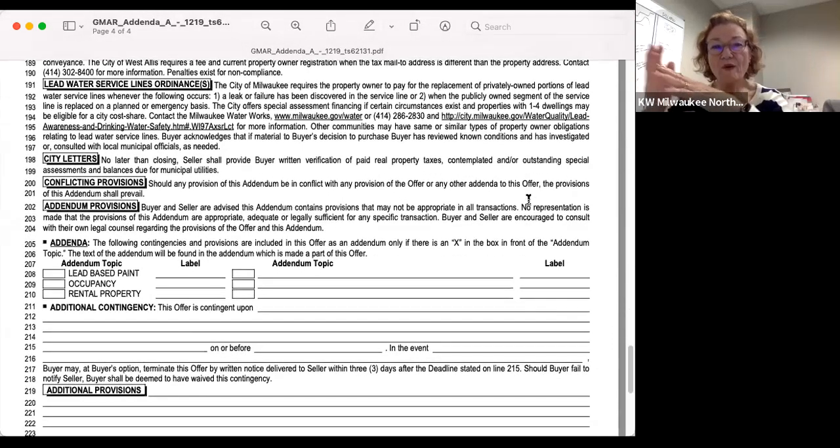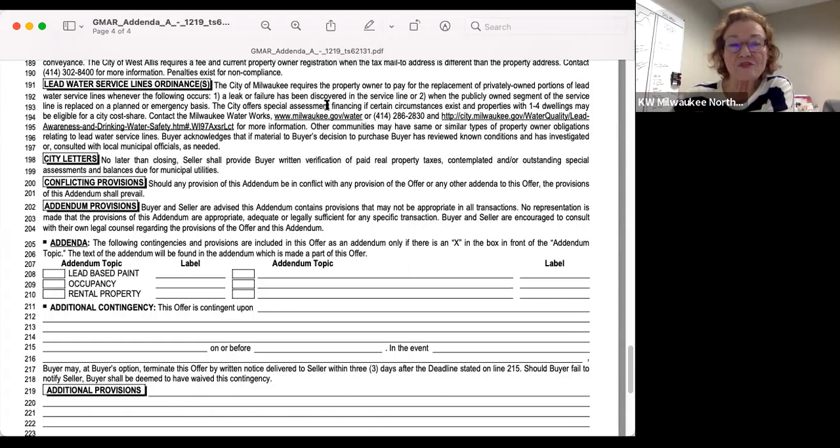City of Milwaukee requires the property owner to pay for the replacement of property-owned portions of lead water service whenever the following occurs. This is a snake pit. A leak or failure has been discovered in the service, or when the publicly owned segment of the service line is replaced on a planned or emergency basis.